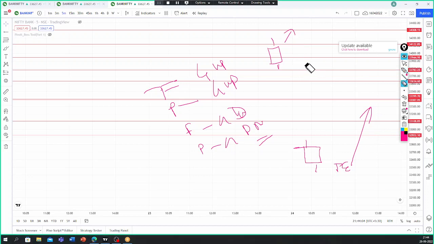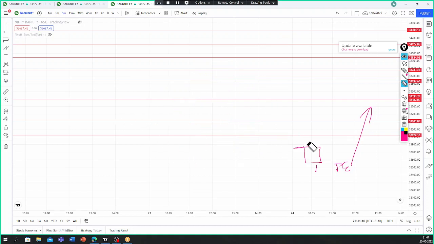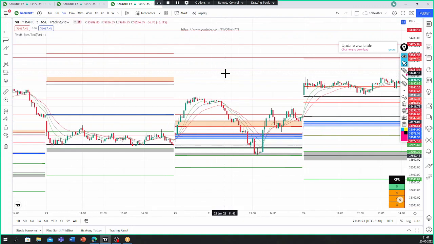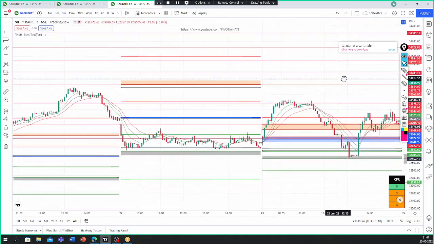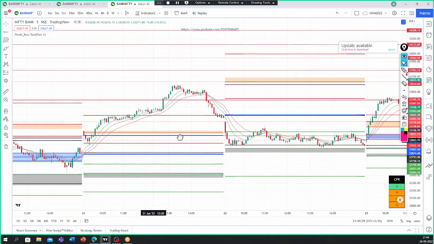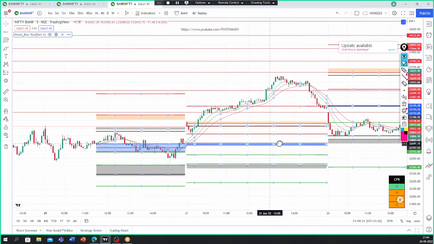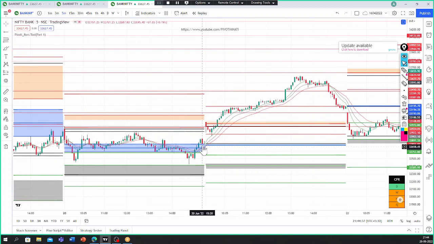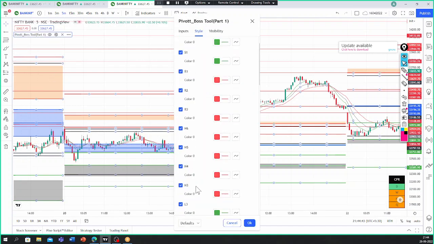Now I'll open the charts and the pivots. I'll show you where that problem comes from, why people get into trouble. So if I open the indicator and then the charts here, see this?